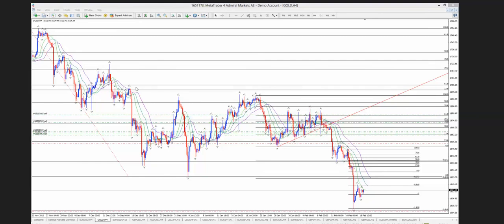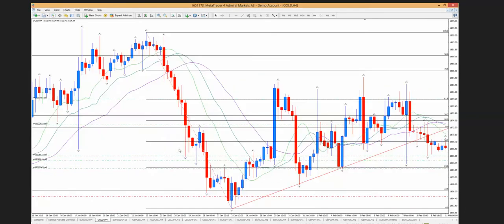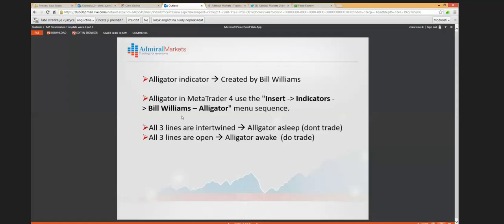So this is the Alligator in any case. As you can see, 3 moving averages. That's very simple how you put that on your chart. Now, basically what they say is that if all 3 lines are intertwined, the Alligator is sleeping, and that indicates that there's no trend. That's how we want to measure the trend on the 1-hour chart, by using these 3 moving averages, the Alligator.